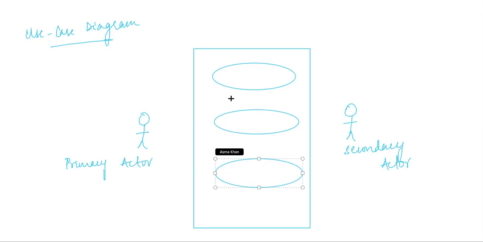Now this, as I've told you, these are the primary actor and the secondary actor, whereas this rectangle box in here is called your use case boundary. Now this use case boundary tells you that the actor is outside the system, whereas this is within the system.